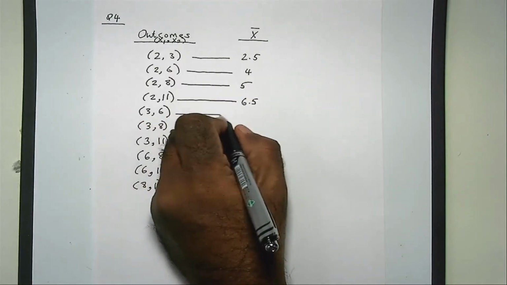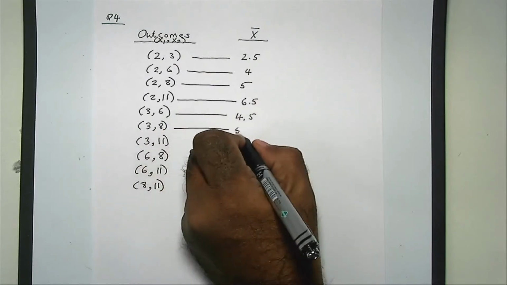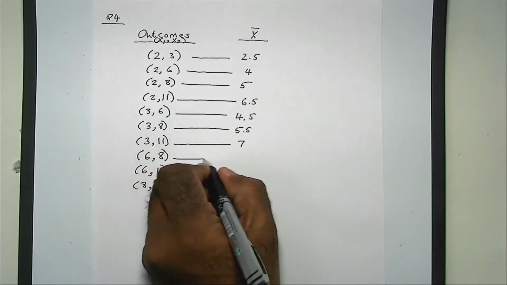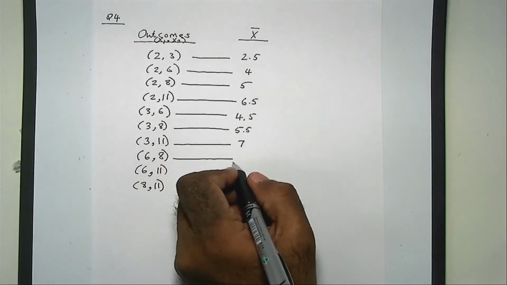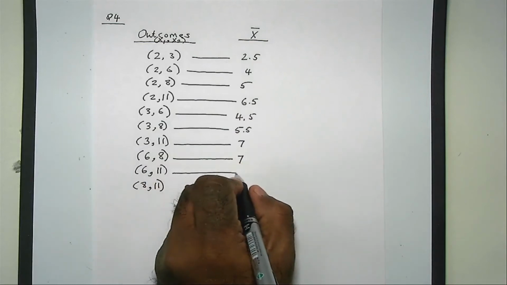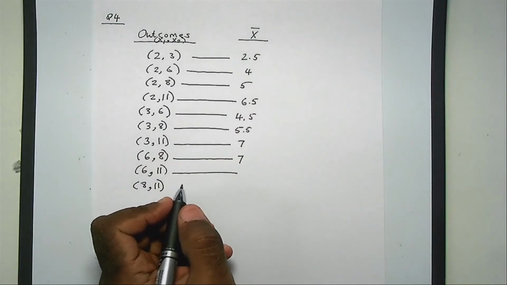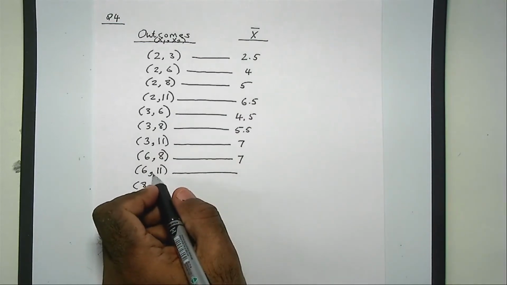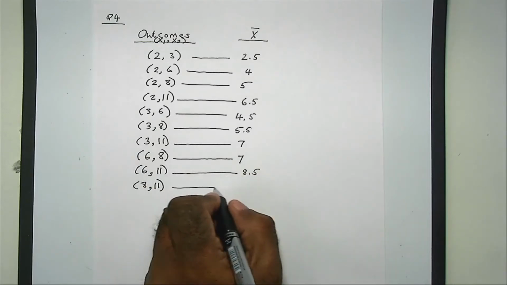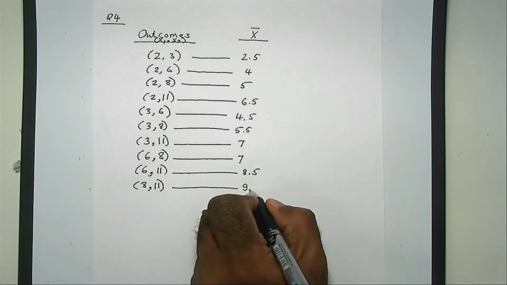For 3, 6 it is 4.5. For 3, 8 it is 5.5. For 3, 11 it is 7. For 6, 8 it is also 7. For 6, 11 it's 17 divided by 2, which is 8.5, and for 8, 11 it is 19 divided by 2, which is 9.5.